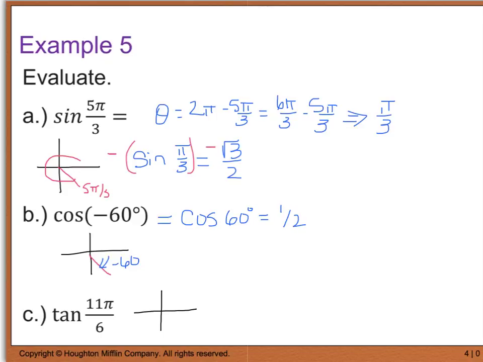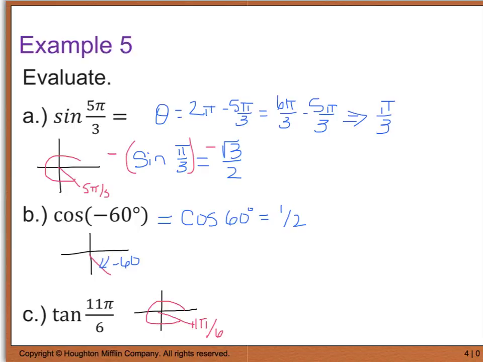Now for part C, it says the tangent of 11 pi over 6. 11 pi over 6 is going to be 1 pi over 6 shy of 2 pi. So again, this is going to occur in this quadrant here. So this is 11 pi over 6. And when I take the tangent of that, it's really going to be tangent is equal to y divided by x. And my y values are negative in this quadrant.